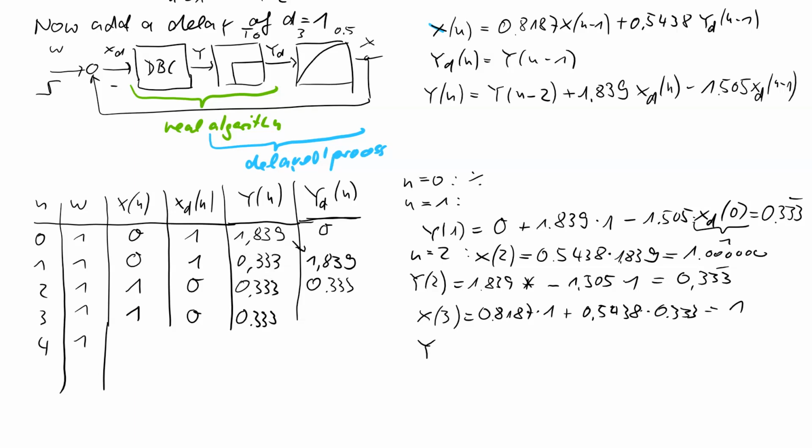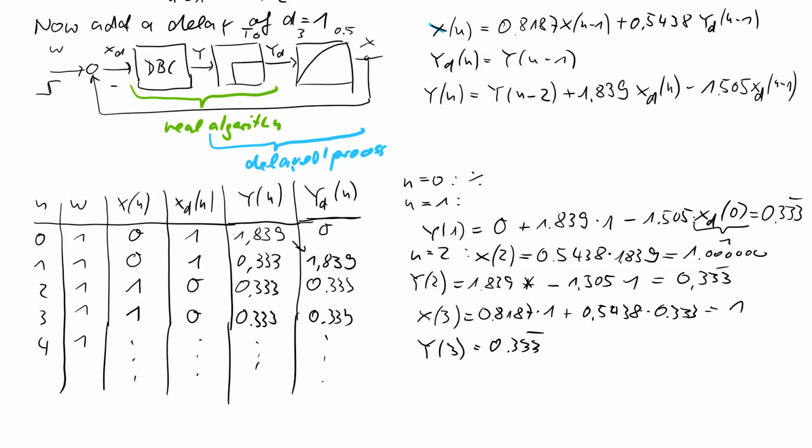That's all we can say. Y of 3 now is 0.333, and in the next lines there is no change in all values, so we are ready.